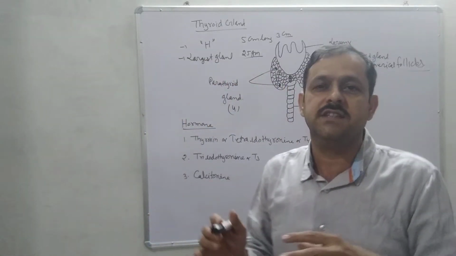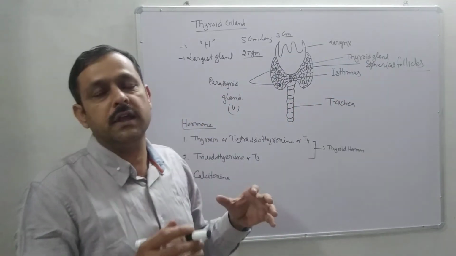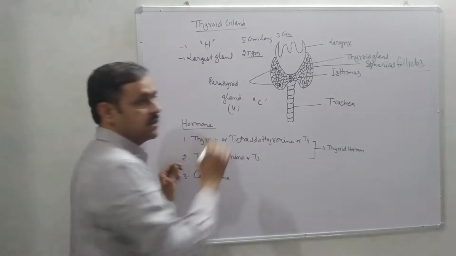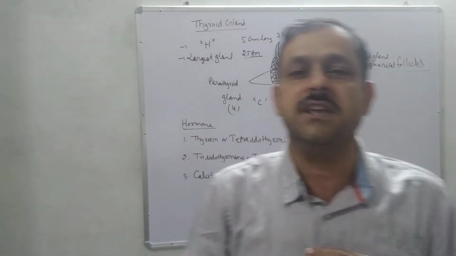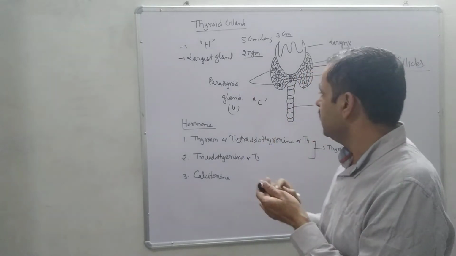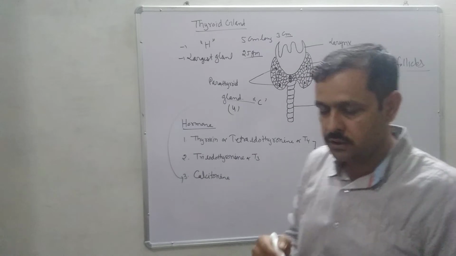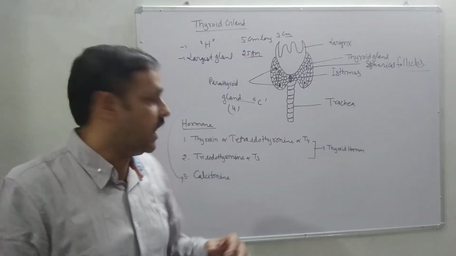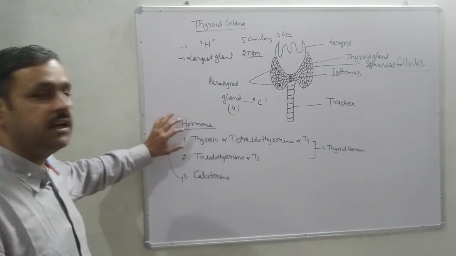In between follicle cells, connective tissue stroma is also present. Parafollicular or C cells are present in some places in the stroma, and remember, these C cells secrete the hormone calcitonin.